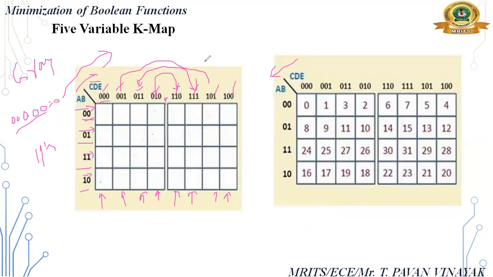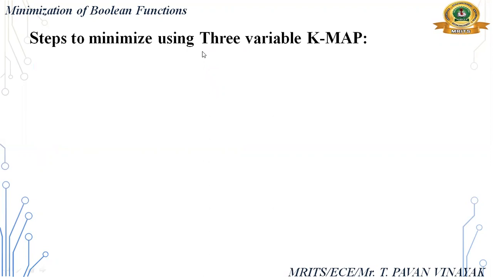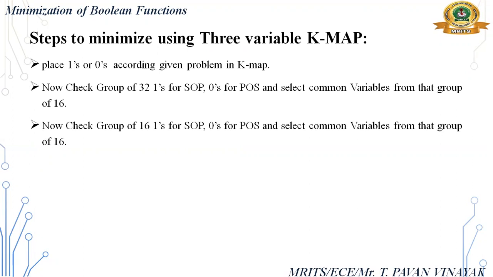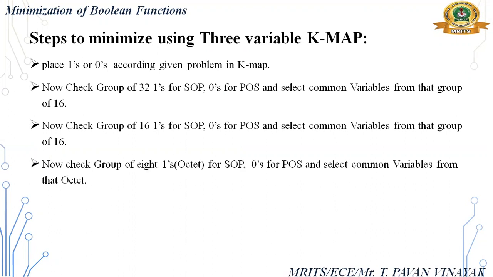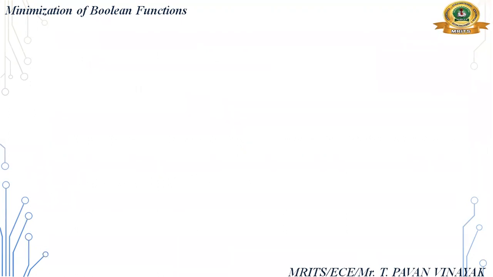Next, how to minimize. First, draw the K map and place ones or zeros according to the given problem. First priority is a group of 32, and take the common variables. Next 16, next 8, next 4, next 2, next singles.